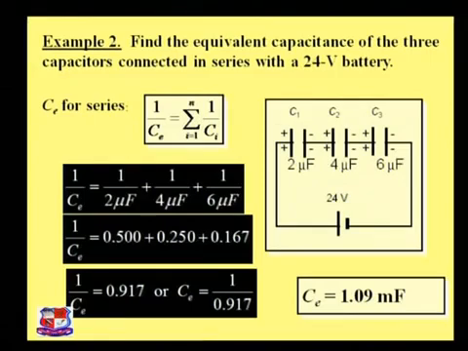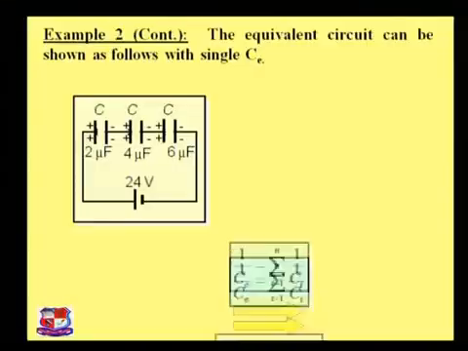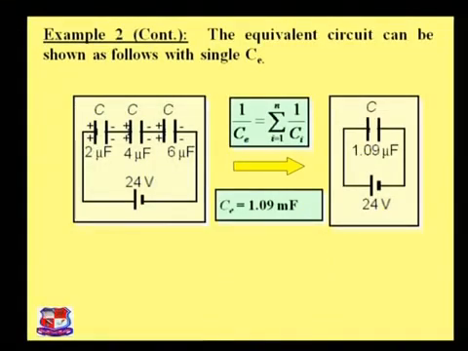So ultimately if you are connecting the 24 volt battery to the series capacitors, then you get an equivalent capacitance of 1.09. So this is the equivalent circuit, how you can replace all three capacitors with one equivalent capacitance, that is 1.09 microfarad.